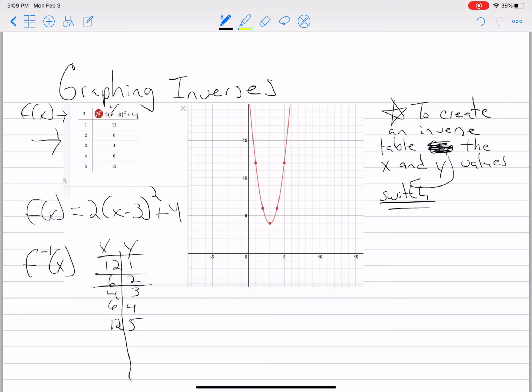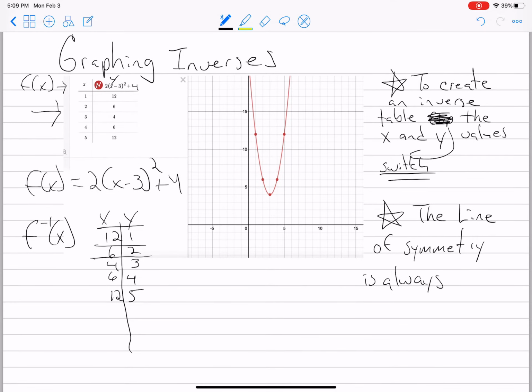Now remember the other thing we need to know about the inverse is that the line of symmetry is always, no matter what the inverse is, y equals x.